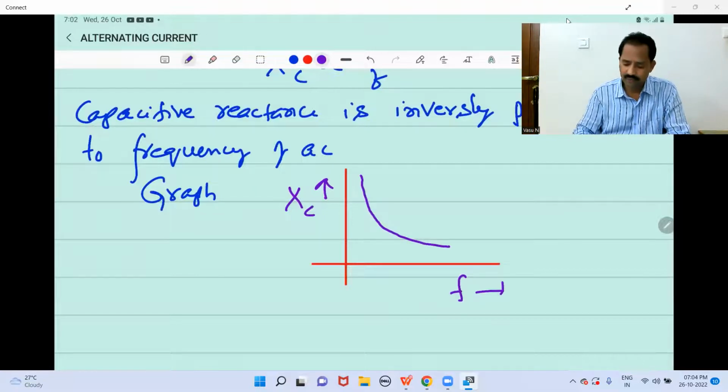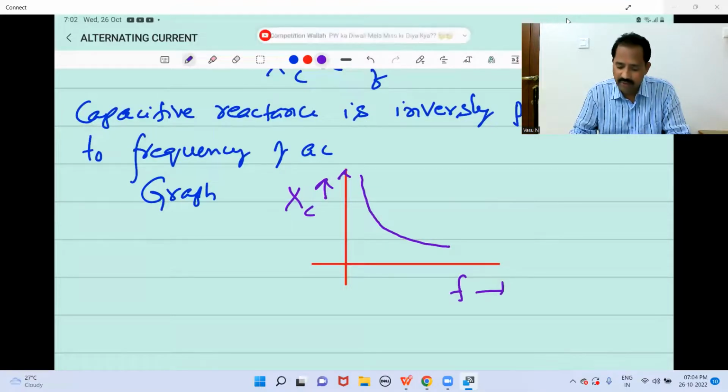It is a curve, XC versus frequency. As F increases, XC decreases.